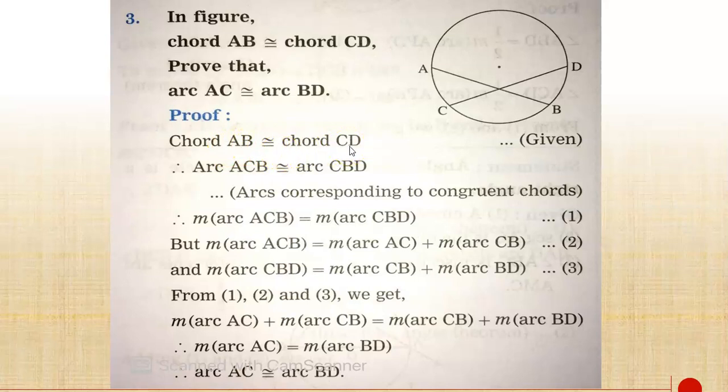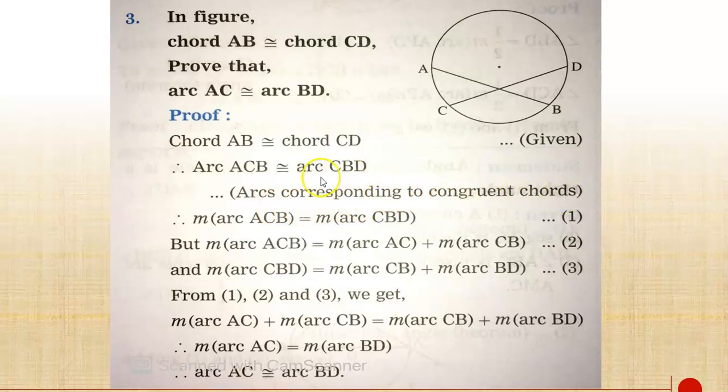If the chords are congruent, their corresponding arcs are also congruent. So I can say that arc ACB is congruent to arc CBD. And my reason is arcs corresponding to congruent chords.